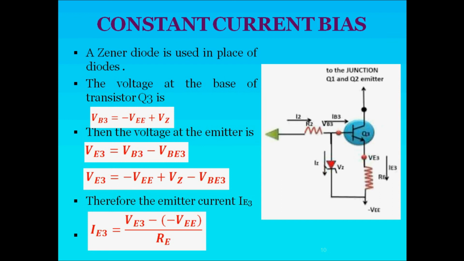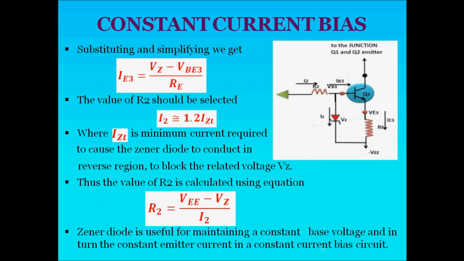Here Zeners are available with different voltage capabilities, so this VZ will not be equal to VB3. Therefore, to find the emitter current IE3, it is the voltage VE3 minus the voltage at this point, minus of minus VEE, divided by RE. Substituting and simplifying, we get IE3 equal to VZ minus VBE3 divided by RE.